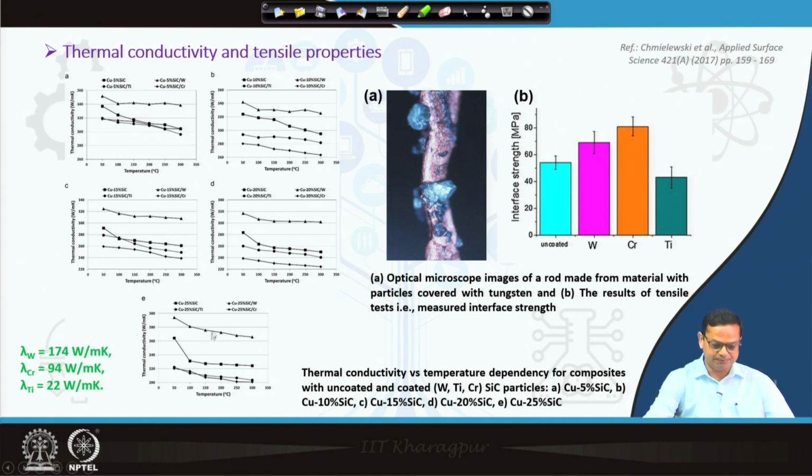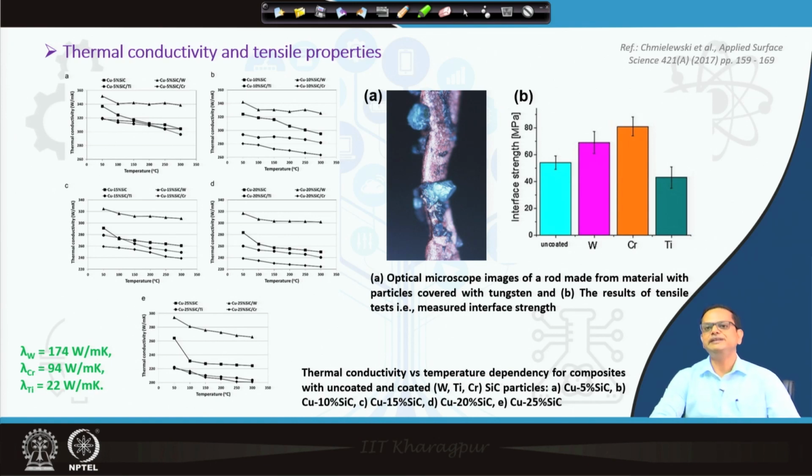But what about this gap? This gap is increasing. Why is this gap increasing as you increase the SiC percentage? Because the SiC amount is increasing, that means the surface area, the interfacial area, is increasing from 5% to 25%. Now, this interface is covered with different kinds of elements, from tungsten to titanium to copper, chromium.